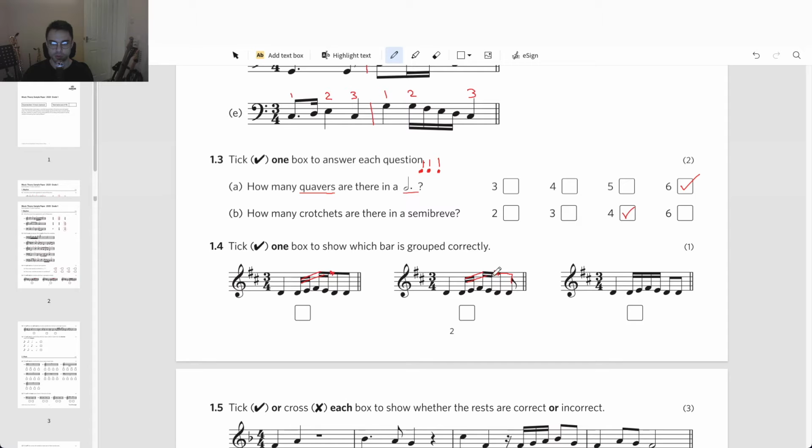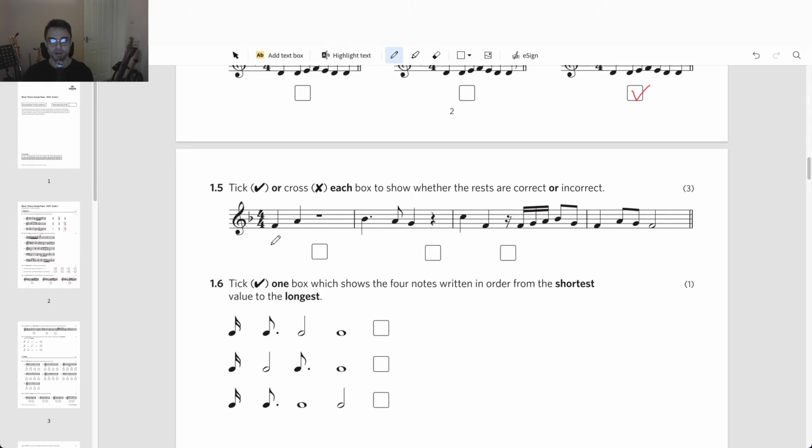These 4 semiquavers here are on the 2nd beat. And this crotchet is on the 1st beat. So no, example 2 is out. So this is our answer here. Yeah, this is correct. We've got beat 1, 2, and 3. Much easier to read that way.